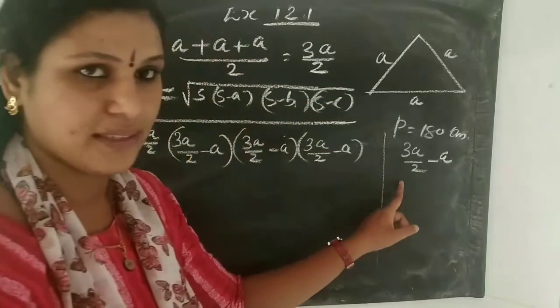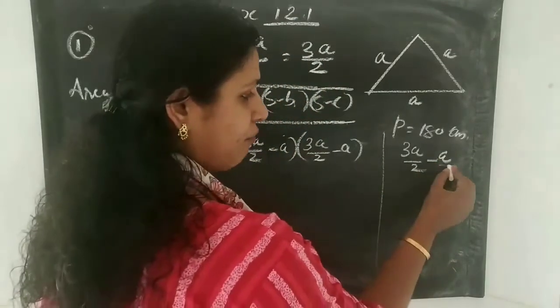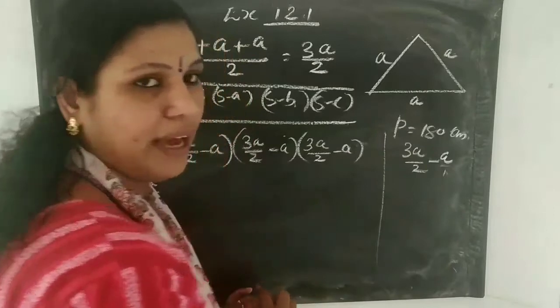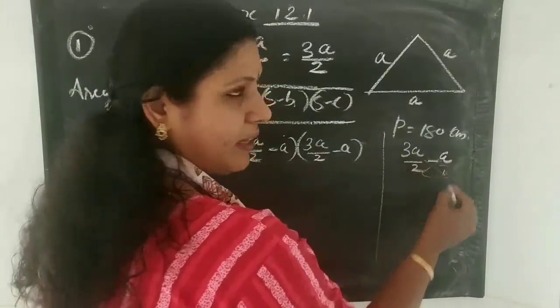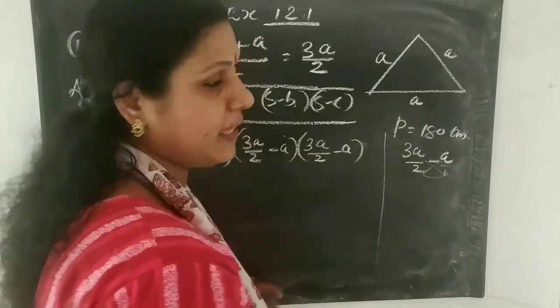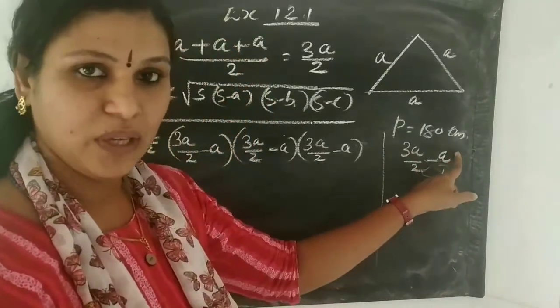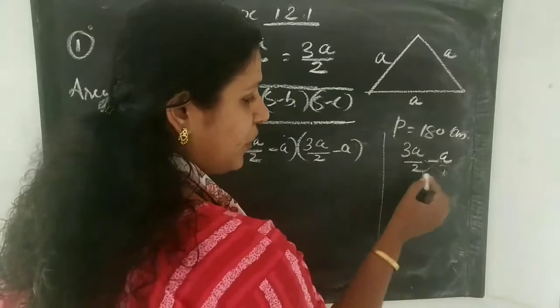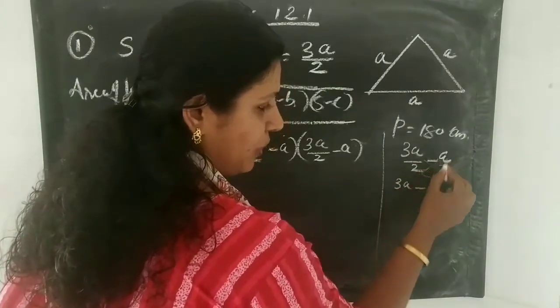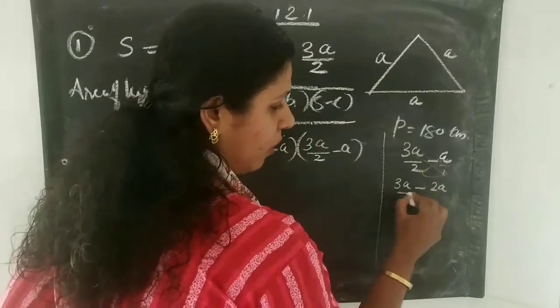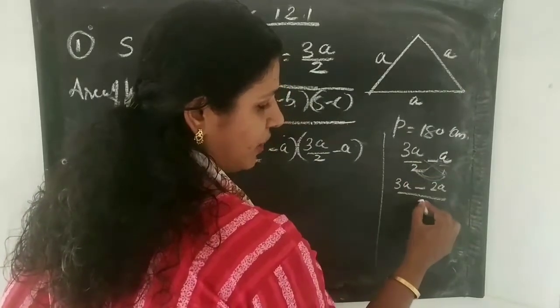What is 3a by 2 minus a? It's a fractional number, so we have to do the subtraction of this fraction. How to do it? Just cross multiply. That's a very fast method. So 3a into 1 is 3a minus 2 into a, 2a, all divided by 2 into 1, 2.